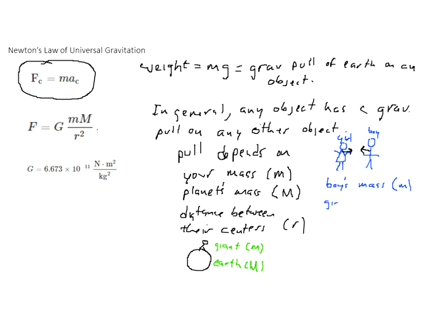The girl's mass, usually the larger mass is designated by the uppercase M, so maybe in this case the boy is a cross-country runner and the girl is a bodybuilder or shot putter, so she's got the greater mass. And then, of course, the distance between their centers. And we can abbreviate that by the letter R.